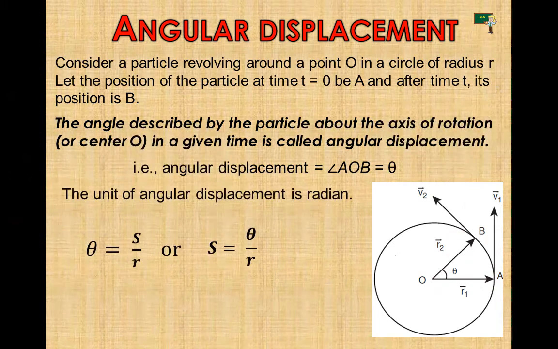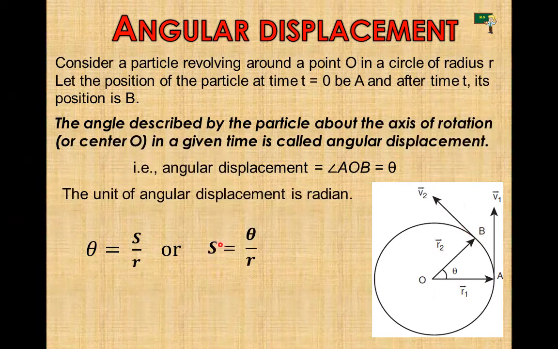The angular displacement theta in radian is related to arc length S_AB and radius R, and the unit of angular displacement is radian. Theta is equal to S by R. Here S is referred to as the displacement from position A to B with respect to the radius.